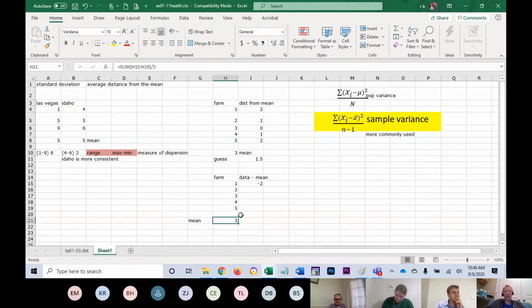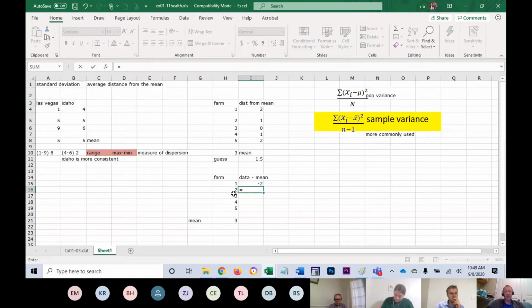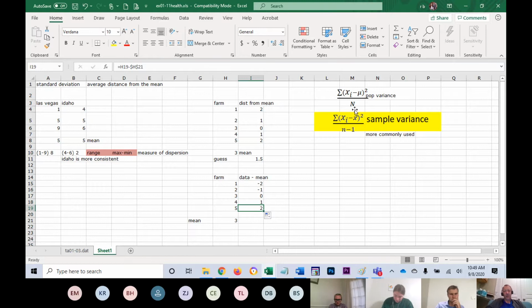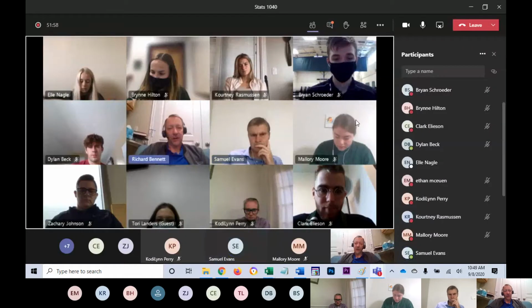So 1 minus 3 is negative 2. 2 minus 3 is negative 1, okay? 3 minus 3 is 0, 4 minus 3 is 1, 5 minus 3 is 2, okay? So basically I've just done what's in the parentheses here. So any questions on what I've done so far?